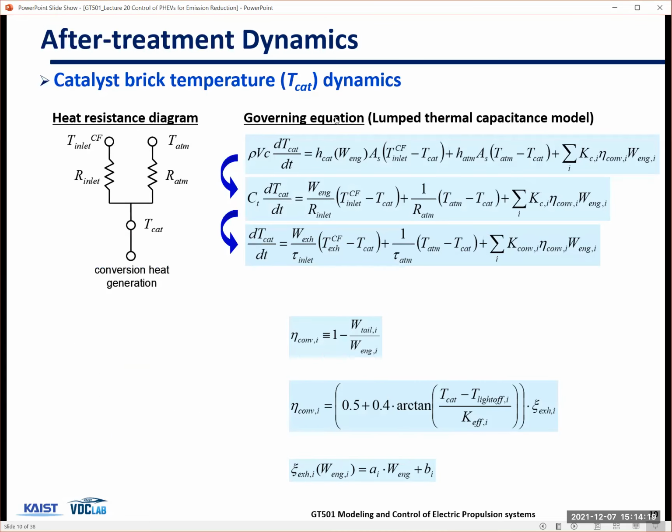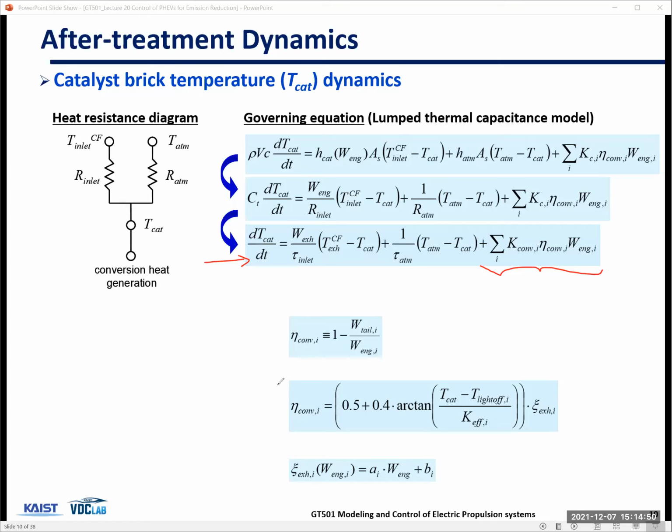And then this is the converter temperature dynamics. Again, this is a heat transfer model. So this is the resulting heat transfer model, but then we have this converter heat generation part, so we have that feedback mechanism.